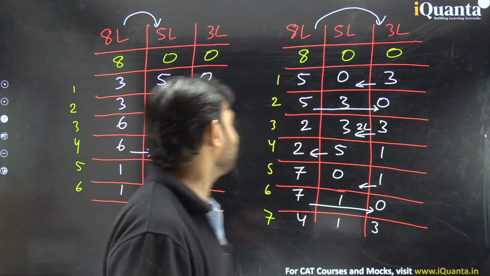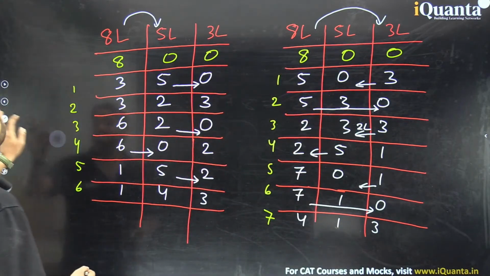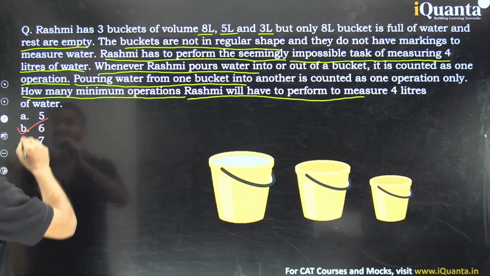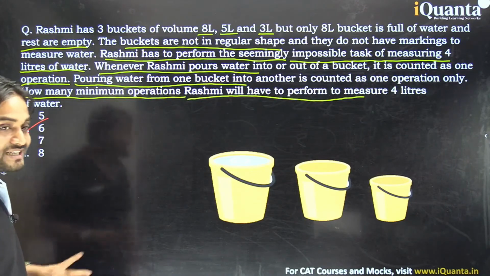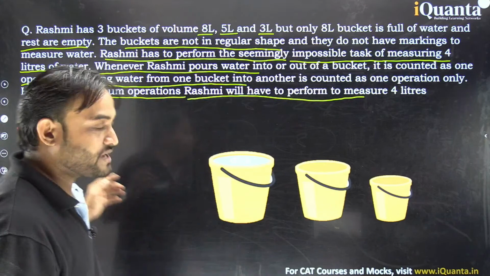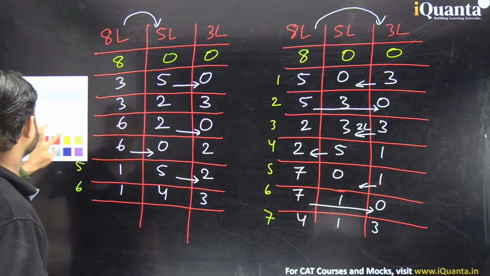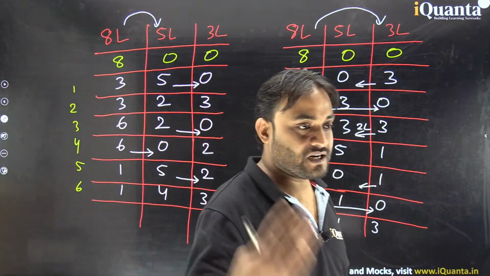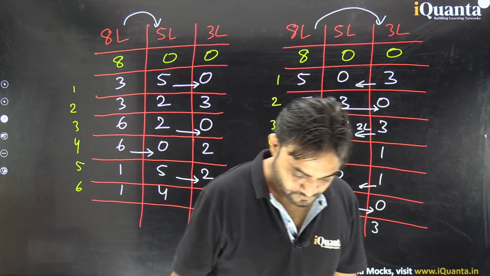Yes, minimum answer is 6. As I said, answer is 6. This is the answer. We are getting two answers, 6 and 7. Answer 6 ही होगा. It's visible, right?